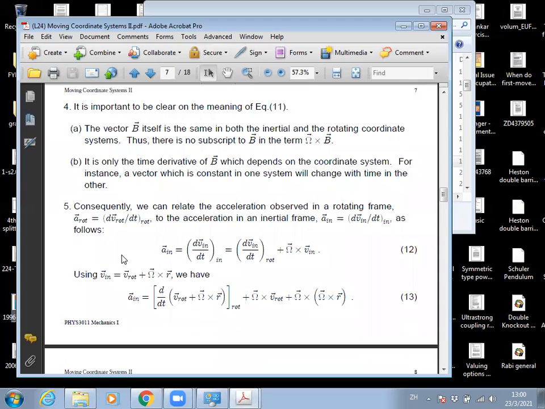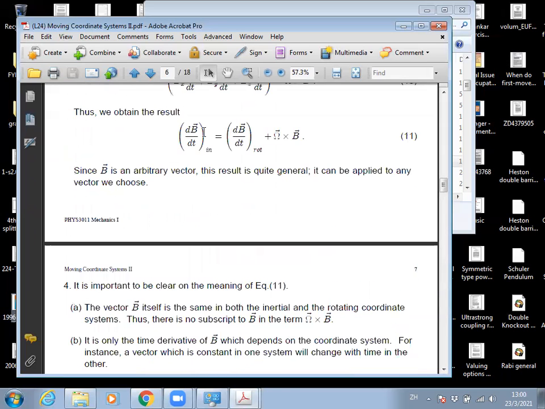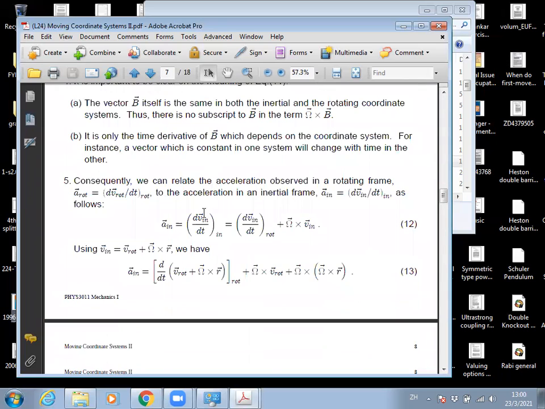Now, if we have a displacement vector and we want to find the velocity, then we have to differentiate. If we want to find the acceleration, we differentiate the velocity vector once again. So we apply the relation given here. We can see that dv/dt in the inertial frame equals dv/dt in the rotating frame plus this extra correction term.